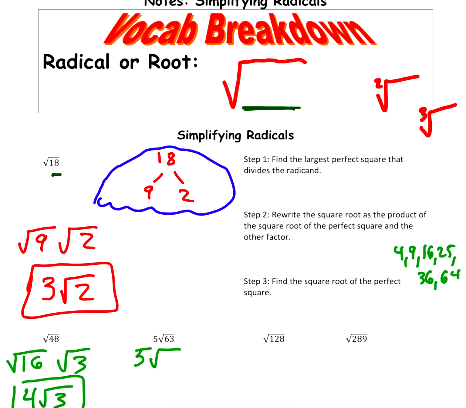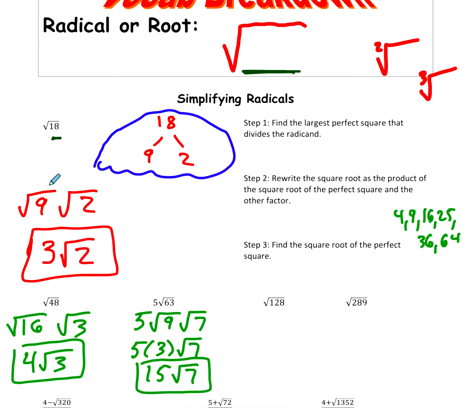So we have radical 9 radical 7. And radical 9 is 3, so it'll be 5 times 3 radical 7, which would be 15 radical 7, because you multiply 5 times 3 to get 15.